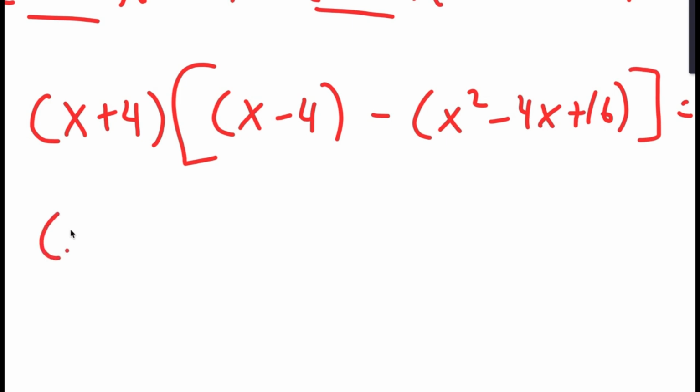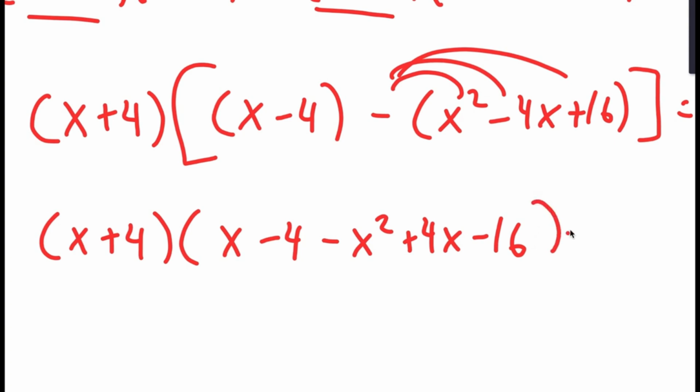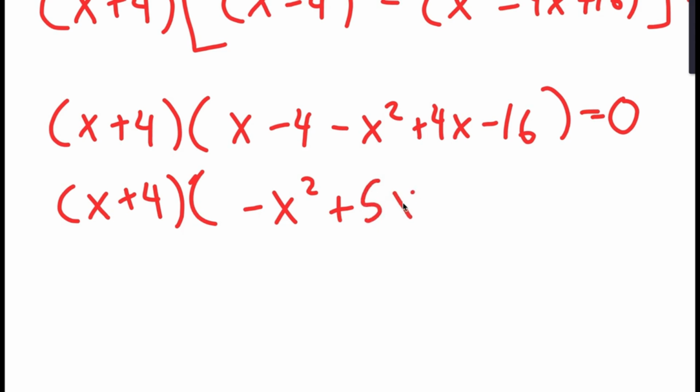Now from here, this is equal to x plus 4 times x minus 4 minus x squared plus 4x minus 16, where I just distribute the negative sign, is equal to 0. Let's simplify this even more. I get x plus 4 times negative x squared plus 5x minus 20 is equal to 0.